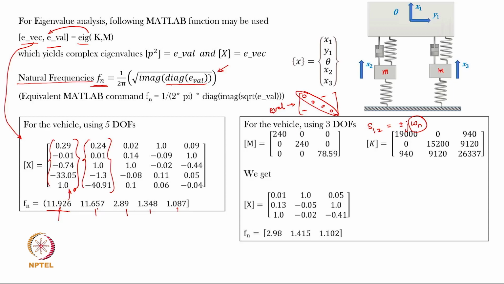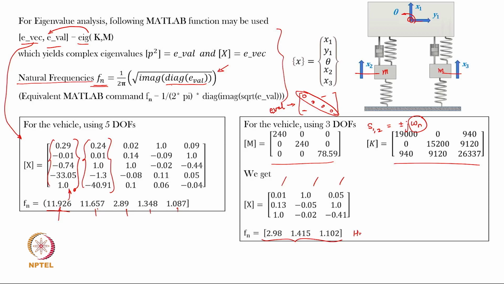So, in place of using these additional x2 and x3 degrees of freedom, if we use only these 3 degrees of freedom of the vehicle, then the mass matrix is this, the stiffness matrix turns out to be this, and then using the same command, except that the matrix sizes are reduced, you get these 3 eigenvectors, and these are the 3 eigenvalues or the natural frequencies of the system.